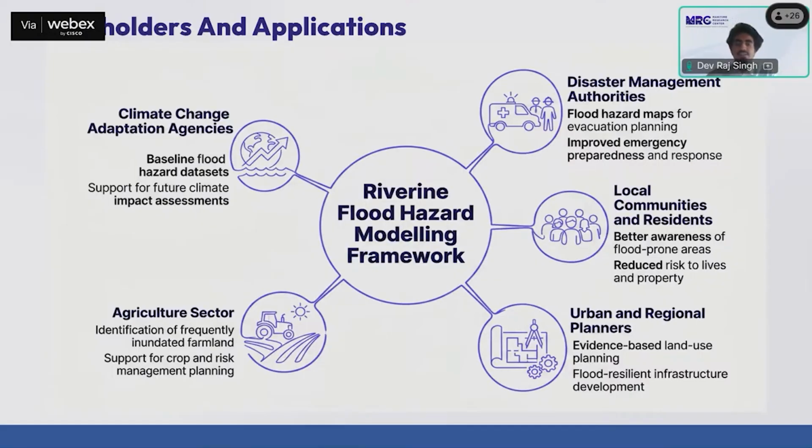Then, of course, local communities and urban regional planners, for example PWDs and all that, need to design infrastructure near the river systems. It can help them make better infrastructure, which can reduce the risk to lives and property a lot.